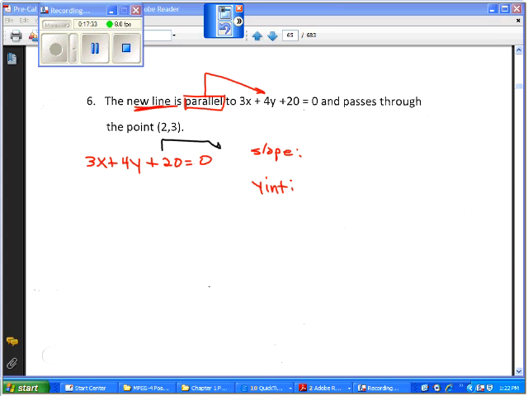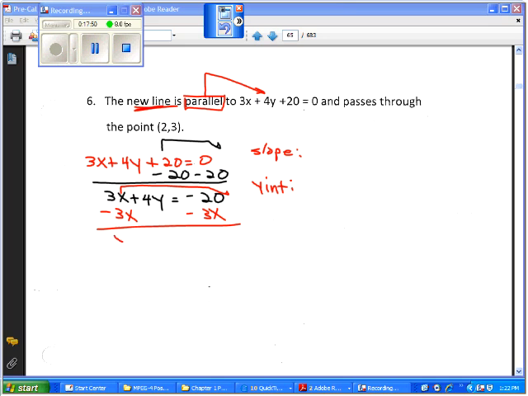To get it in slope-intercept form, we're going to move the 20 to the other side. That kind of moves it to what we're used to, standard form. And then we're going to move the x to the other side, which we could have done at the same time. And now we're going to undo our multiplication by division.